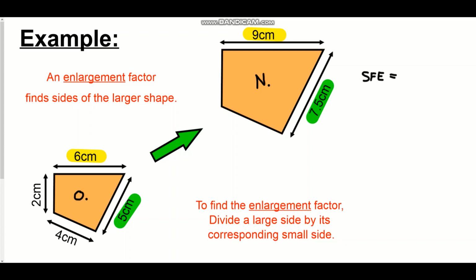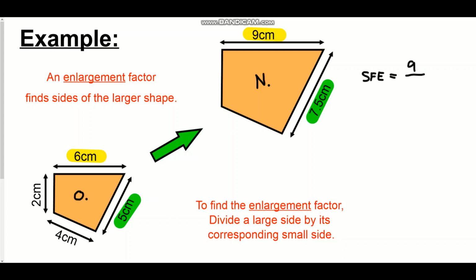I'm going to take the 9 centimeter side to make it a little bit easier for myself, and then divide that by the corresponding side on the original shape. As you can see, I've color-coded these. 9 centimeters at the top matches with 6 centimeters at the top here, and 7.5 centimeters on the right-hand side matches with 5 centimeters on the right-hand side.